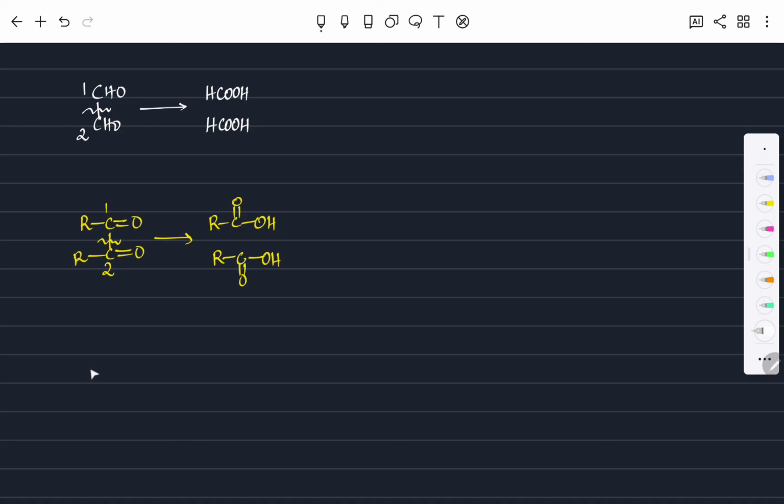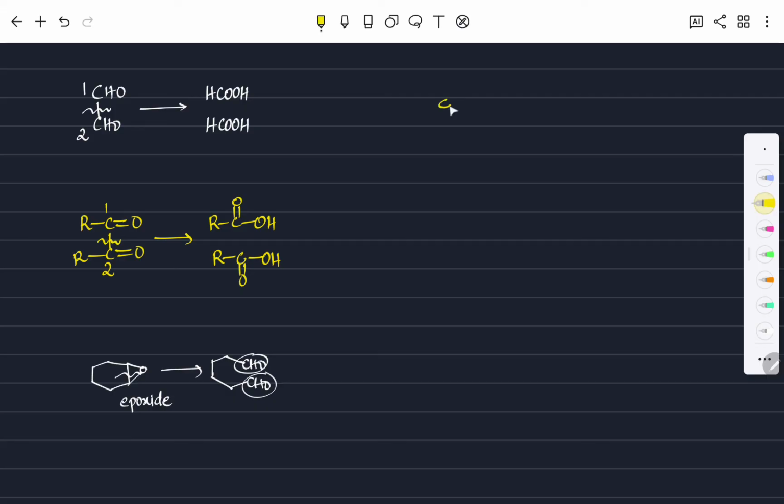For example, if an epoxide ring is present, a three-membered cyclic ether, here also we have to break the C-C bond, and the corresponding answer is CHO, CHO.